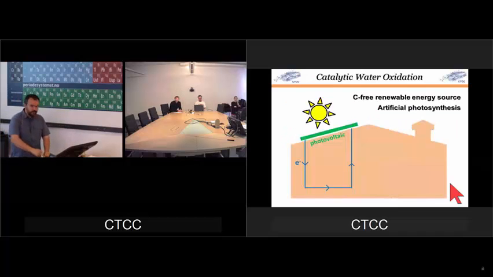Okay, so I'll start introducing this catalytic water oxidation reaction. This is probably one of the most important reactions that has to be developed to develop carbon-free renewable energy sources based on an artificial photosynthesis scheme. Okay, so this is what we have already, and we can make a small home-scale implementation of this.